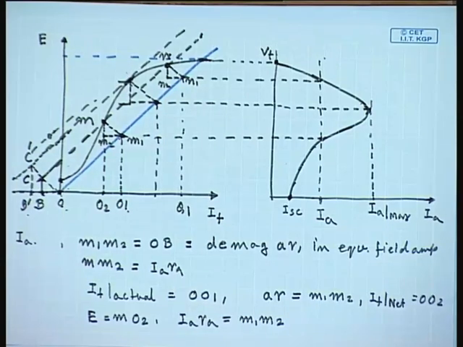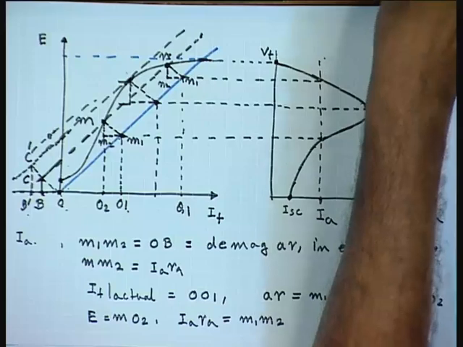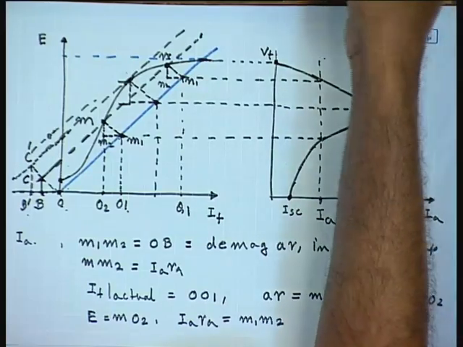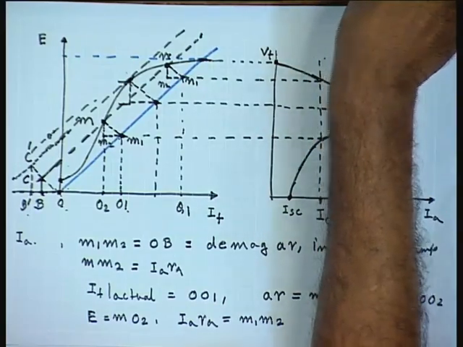Hence, we see that in a shunt generator, the terminal voltage drops much faster than that of a separately excited generator.